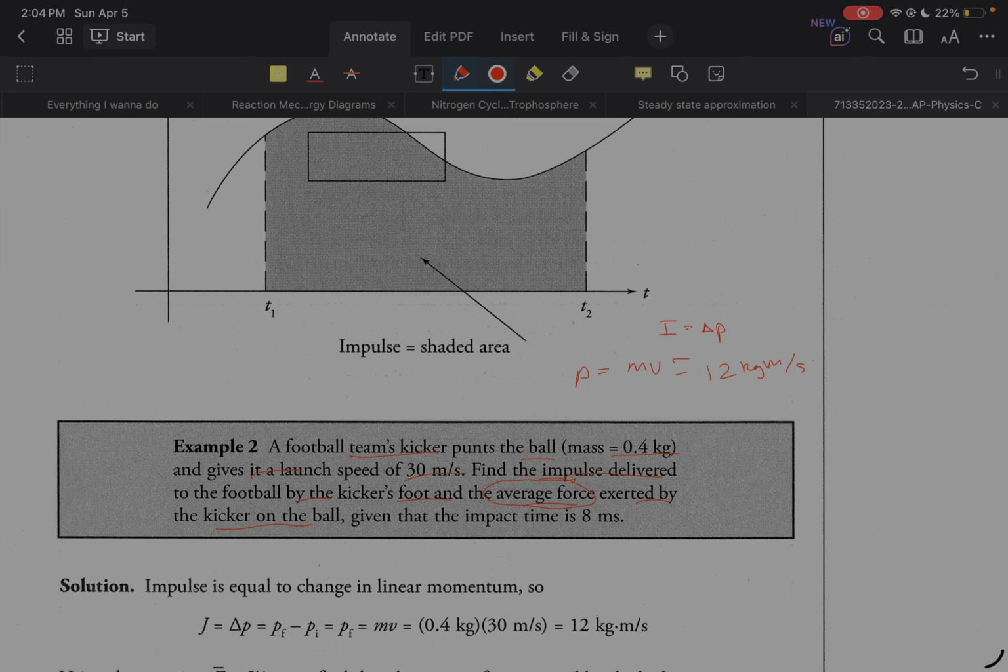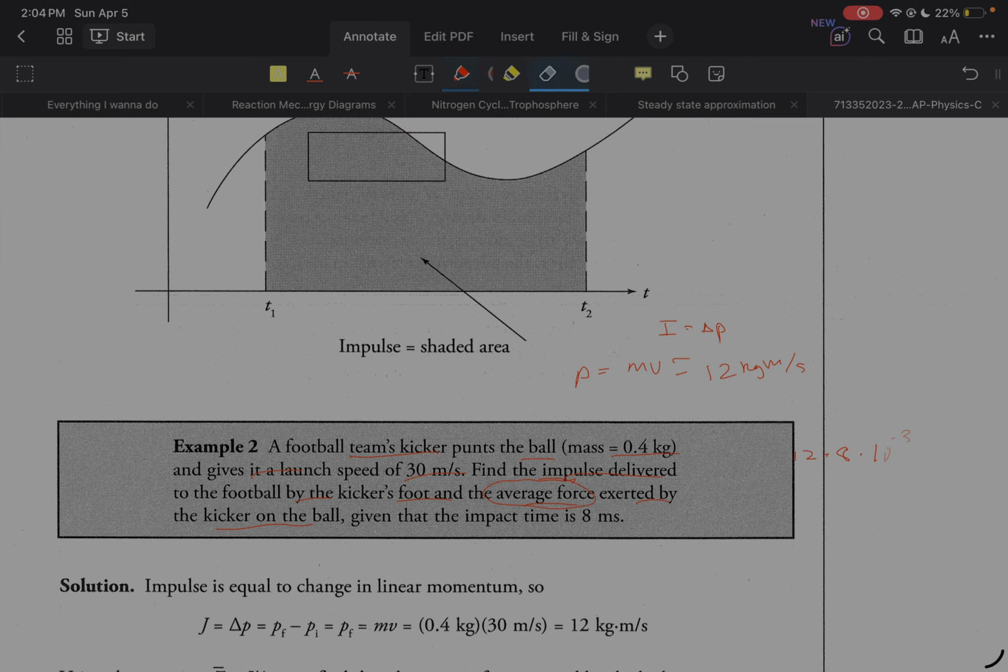So, average force is simply the impulse divided by time again. If we divide by 8 milliseconds, it will be way more, right? Because it's 8 times 10 to the negative 3 in the denominator.